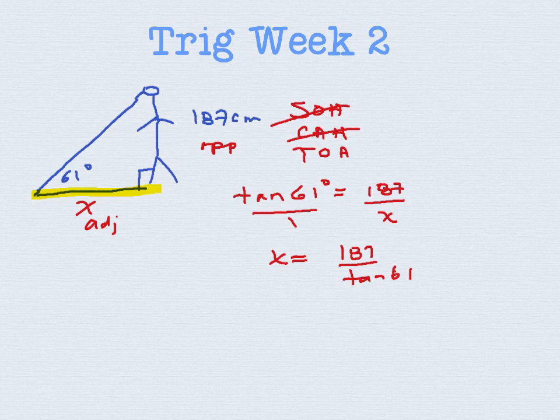When you do that on your calculator, you're going to get an answer that comes out to 103.655. You reread your question. If it doesn't tell you how to round, then you can do whatever you like. We're going to round this to the nearest tenths for practice. 103.7 centimeters would be the length of the shadow.